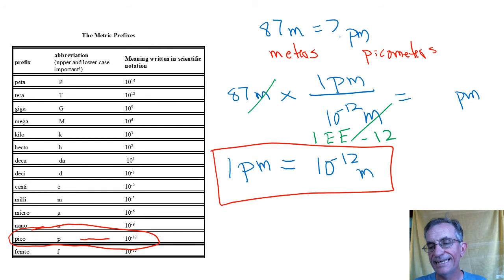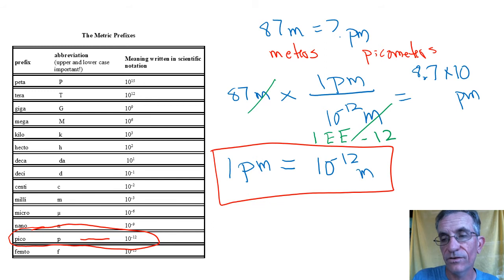1 EE -12. Now, if you aren't going to get the answer I'm about to tell you, maybe you're having a calculator mistake. Feel free to talk to me because all these calculators can work a little bit differently. But if you work it out correctly, 87 times 1 divided by 1 EE minus 12, the correct answer should be 8.7 times 10 to the 13.